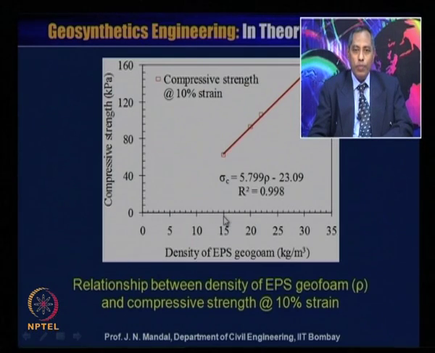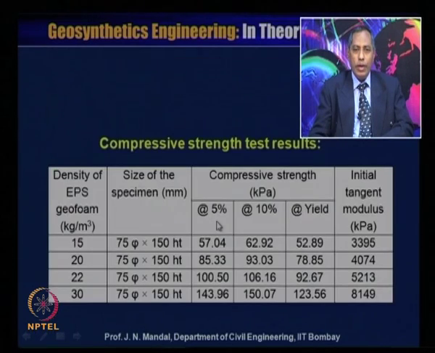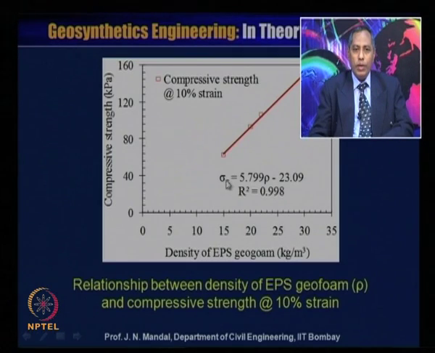This is the density of the EPS geofoam on the x axis, that is kg per meter cube, and compressive strength is in kilopascal. So, we know that for this density 15, what will be the compressive strength? We put this compressive strength value at 10% strain.